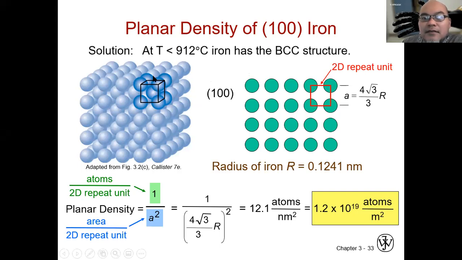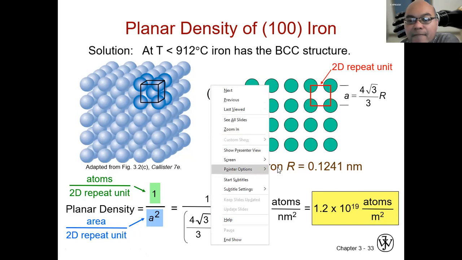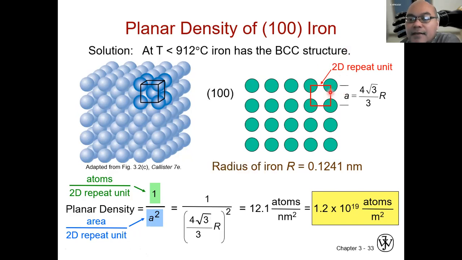So the 100 plane will be this plane, a two-dimensional plane. Since this is BCC, a body-centered cube, you remember the atoms touch at the cube diagonal.